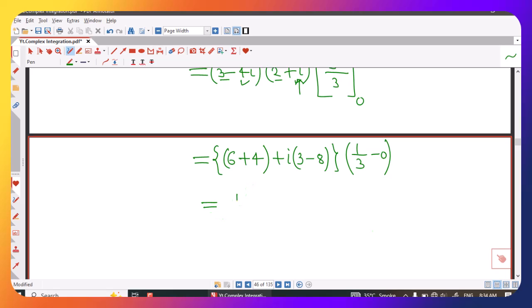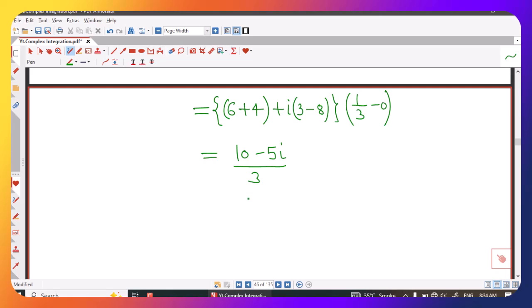So this is going to be 10 minus 3 minus 8, that is 5i, and here I have 1 by 3. So what we obtain is, if I take 5 common here, then I will have 2 minus i divided by 3.